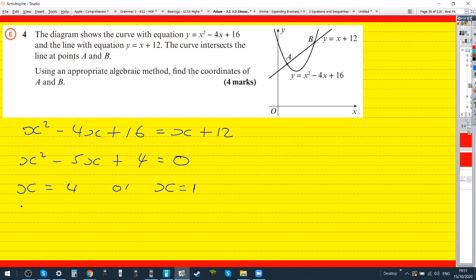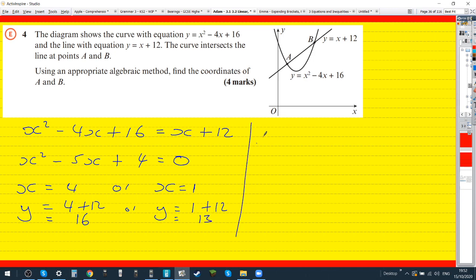It's the easy one, and you'll get the same answer for both of them. So for x1 it would be y equals 4 plus 12, which is y equals 16. That'll be one of them. And then for x2 it'd be y equals 1 plus 12, so y equals 13.